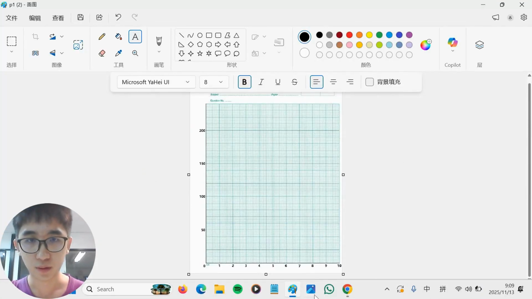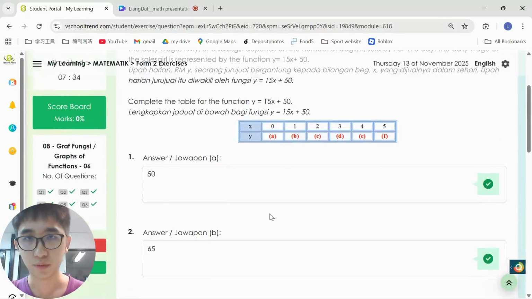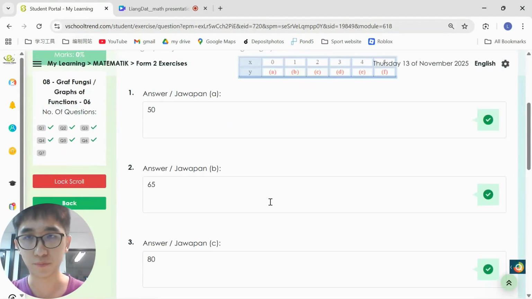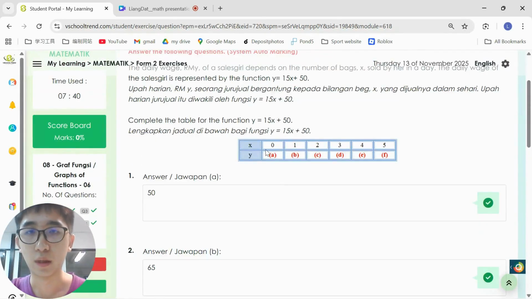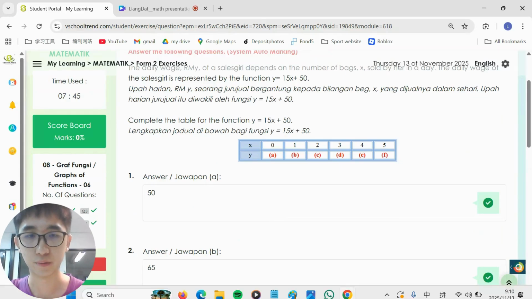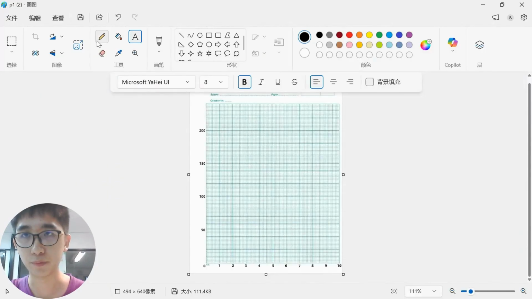Next, we are looking back at questions 1 until 6. When s is 0, the value of y is 50.